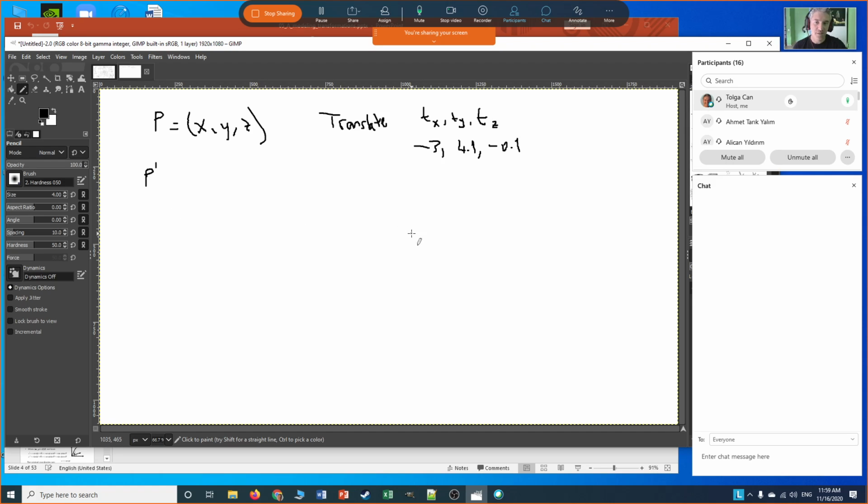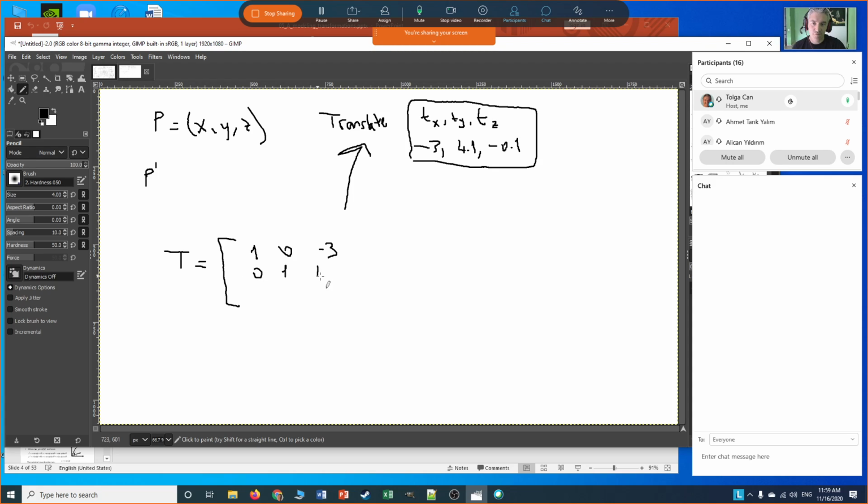In all these modeling transformations, our goal is to find a matrix that we can apply generally on any point, and that point will be moved this much as a result. So the translation matrix will be 1, 0, 0, -3, 0, 1, 0, 4.1, and so on.